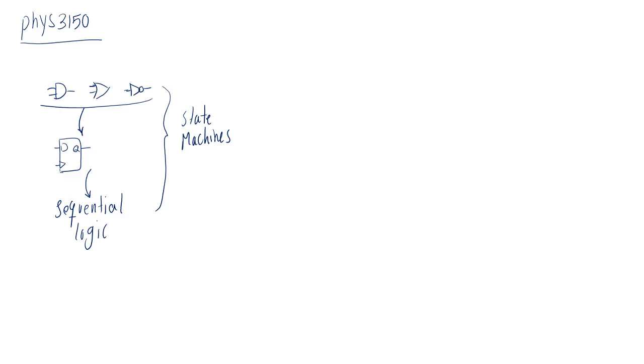But since the beginning of the second part of the course, I've been promising that these gates that I've been telling you about are not really the basic blocks that we have. These are also blocks that are made using other components that we're going to call transistors.